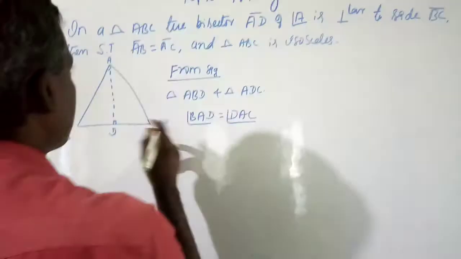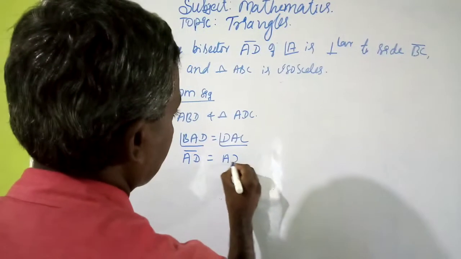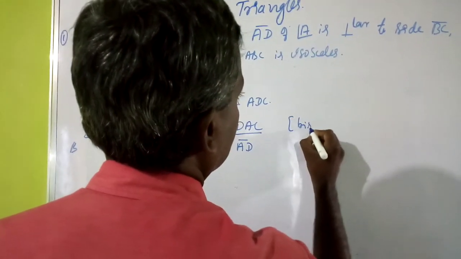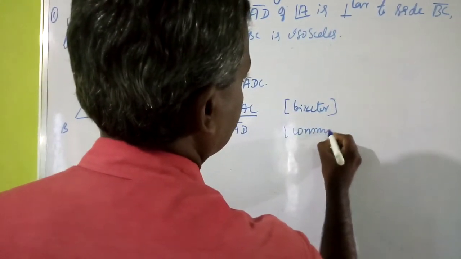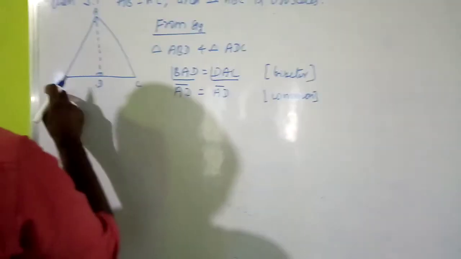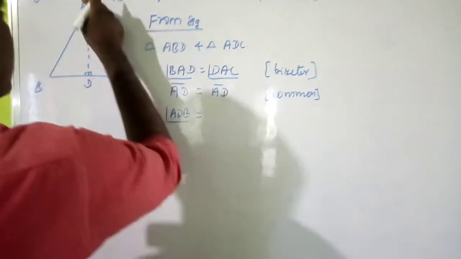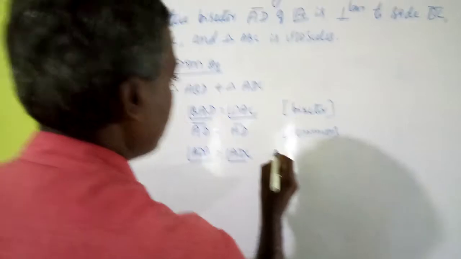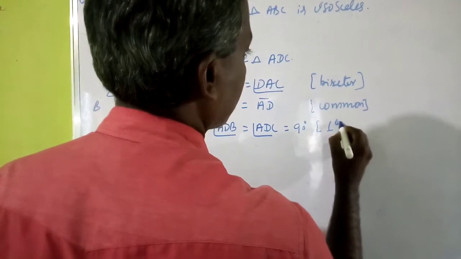Okay, right. Next, side AD is equal to side AD, correct? This is the bisector, so this is a common side. Next, angle ADB is equal to angle ADC. This is perpendicular, it means 90 degrees.